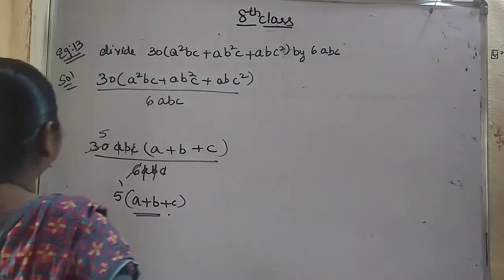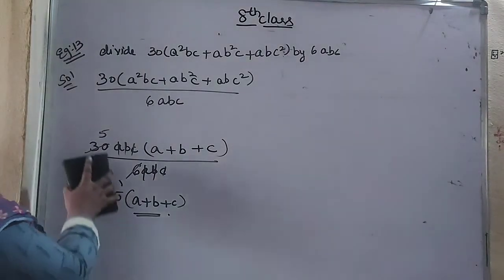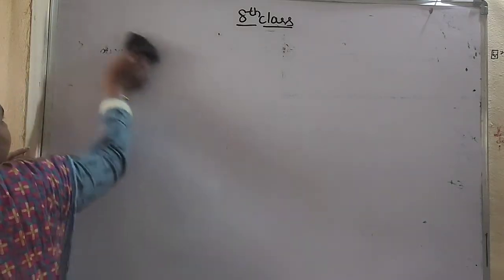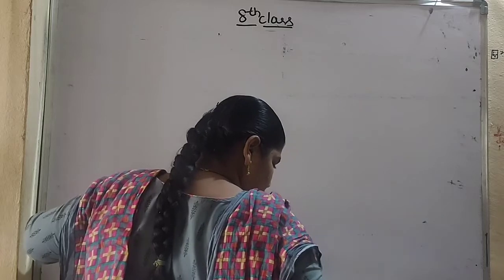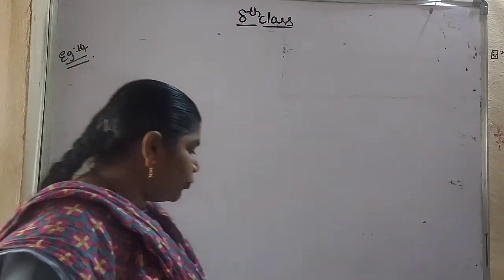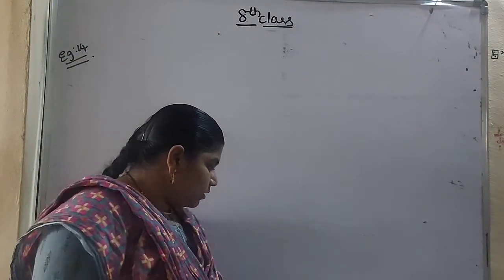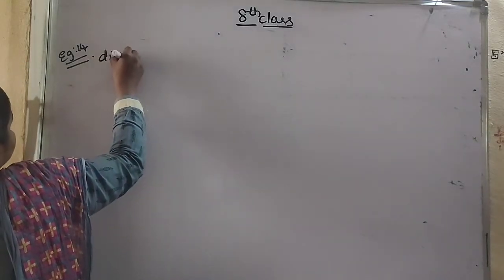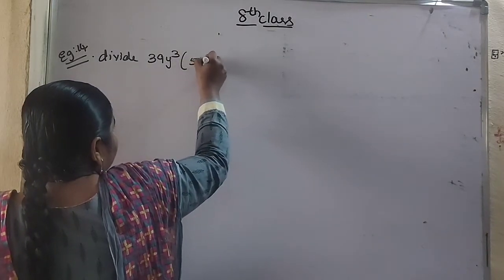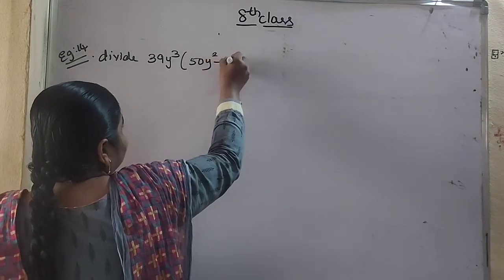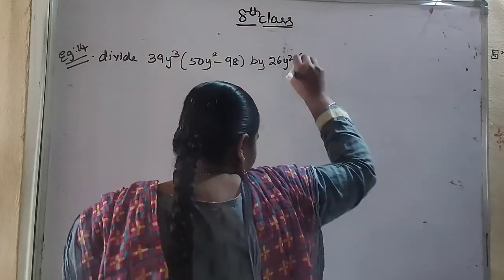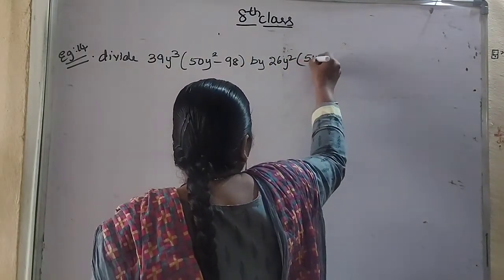So next is example number 14. Example 14 is divide 39y cube into 50y square minus 98 by 26y square into 5y plus 7.